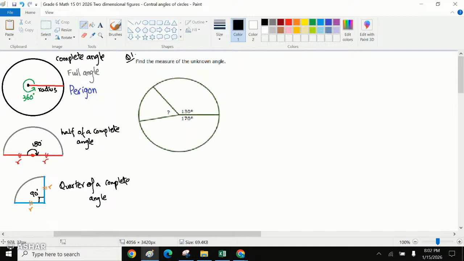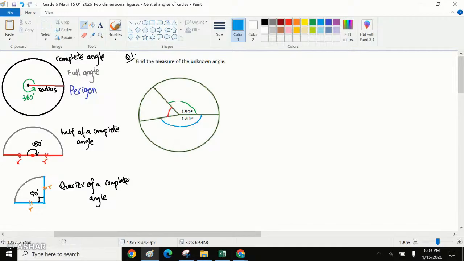We know that a complete angle is always made up of 360 degrees. In this shape we have three angles, and we know the value of two of them. We can add all three together and say their total would be 360, a complete angle.